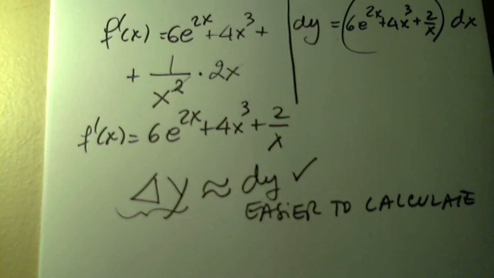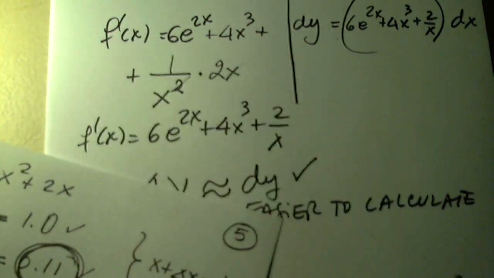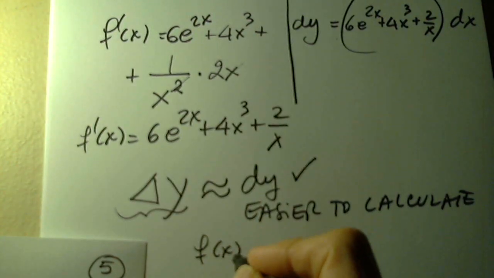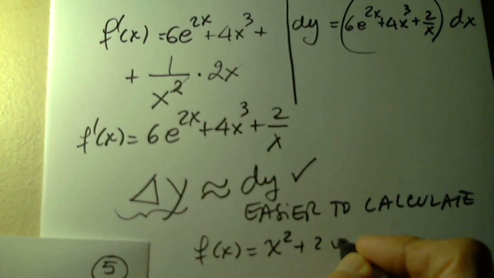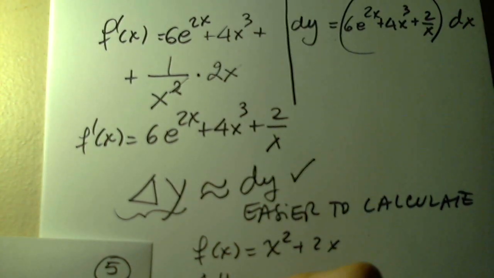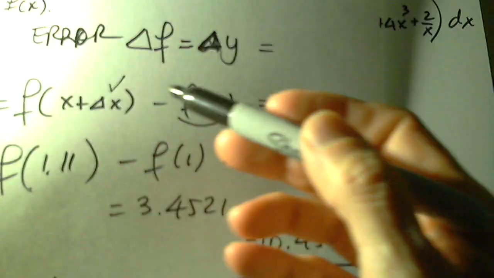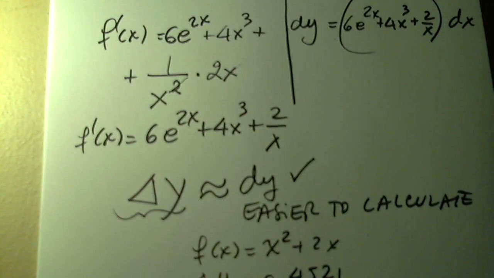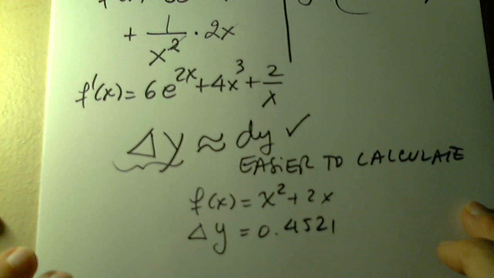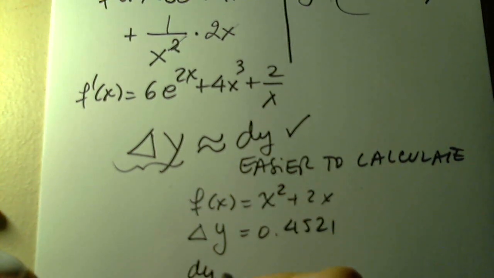So coming back to this example that we just created. We had f of x equals x squared plus 2x, and we found that delta y was 0.4521 after all these calculations. Now, can anyone give us dy, the differential of this function?